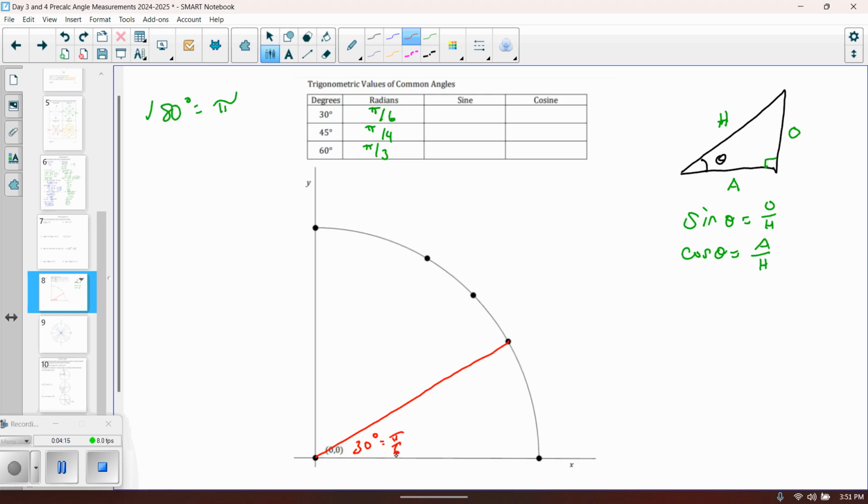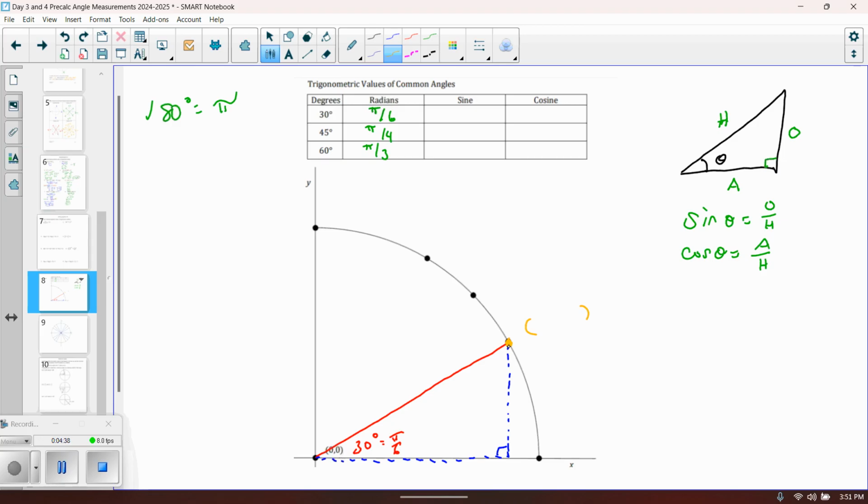But I can create a right triangle if I simply drop a perpendicular to the x-axis. The reason I want to do that is because I'm ultimately trying to figure out what is that ordered pair, what is this point on that graph?